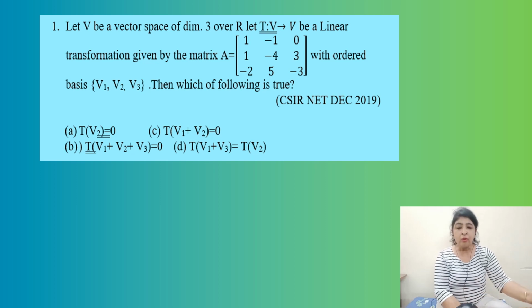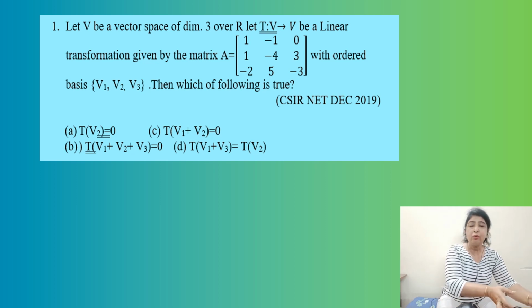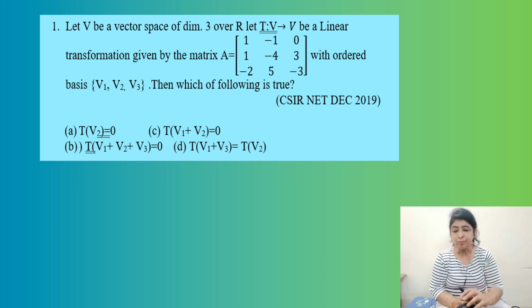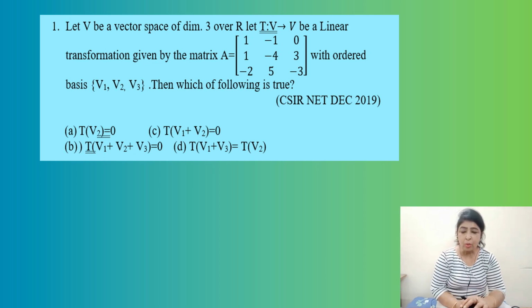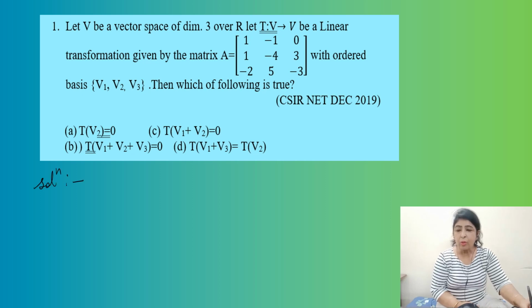Now as the matrix is given to you, you can write T of V1 equal to V1 plus V2 minus 2V3.